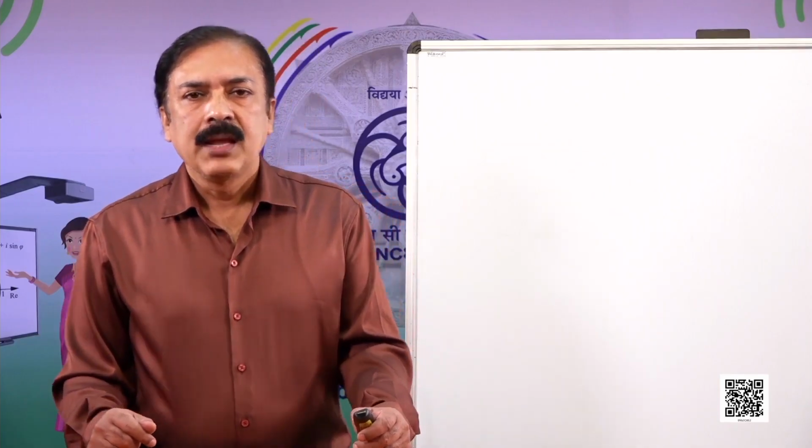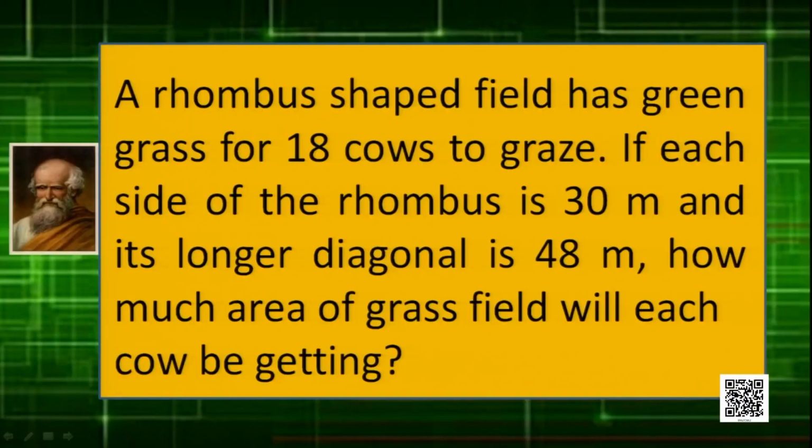Let's see. Here is the question. A rhombus-shaped field has green grass for 18 cows to graze. If the side of the rhombus is 30 meter and its longer diagonal is 48 meter, how much area of the grass field will each cow be getting?